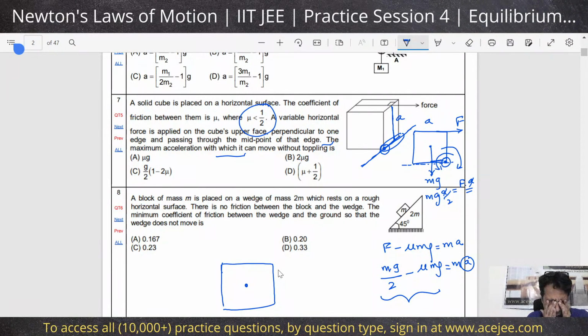If I were to think about the torque about the center, then you have the frictional force acting along this direction.